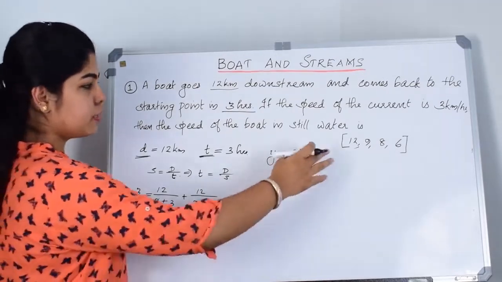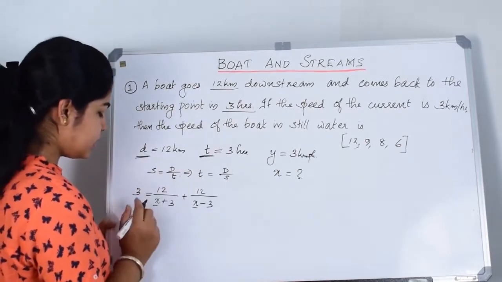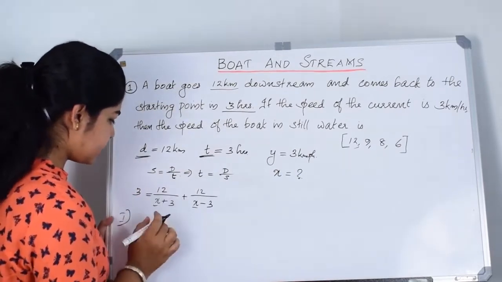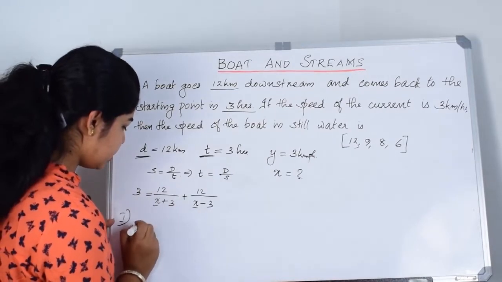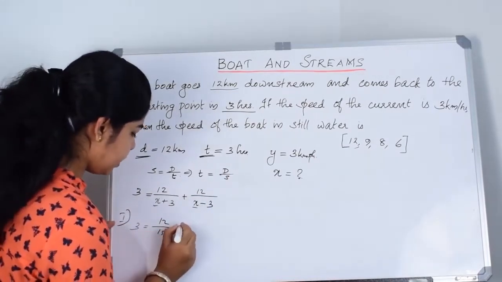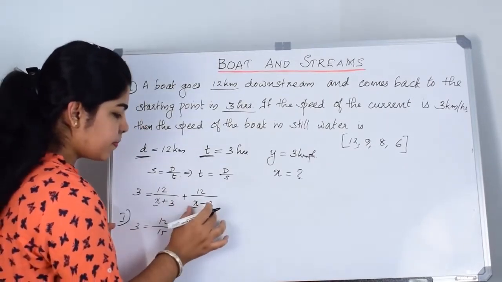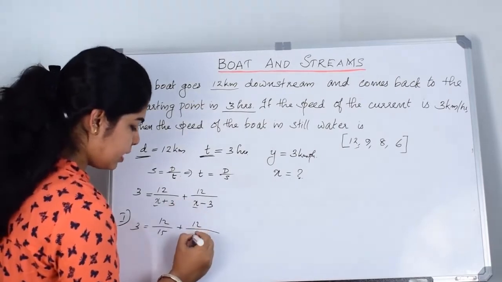First, I am taking the first option, 12. So when x is equal to 12, I am taking this as the first case: 3 is equal to 12 by 12 plus 3, that is 15, plus 12 by 12 minus 3, which is 9. So 12 by 9.